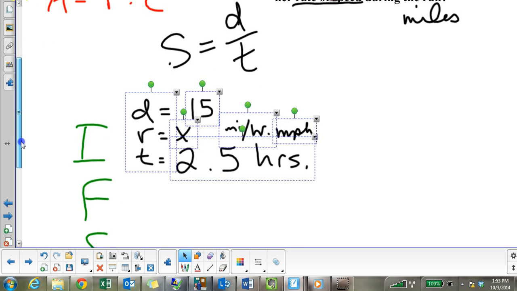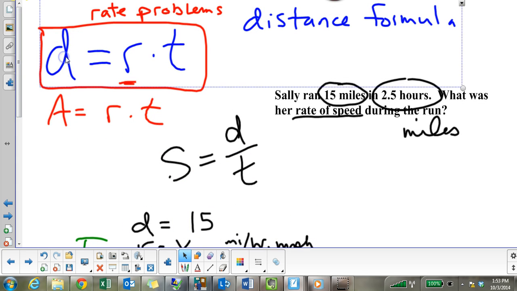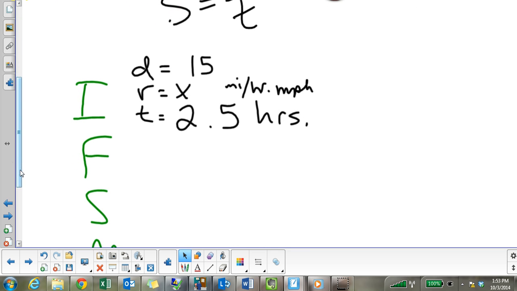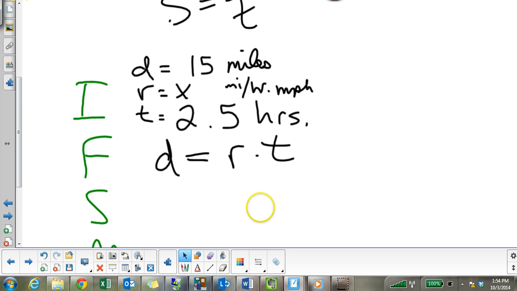The F is choose the right formula. Well, it's this one right here, d equals r times t. S is substitute in the known values. Distance is 15 miles, so we need the labels up there. So substitute in the known values.